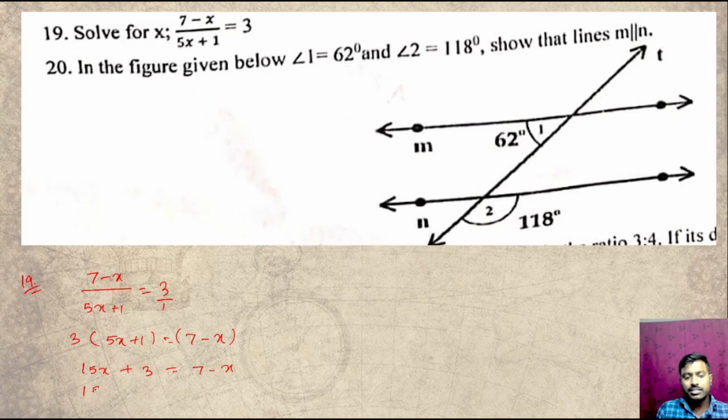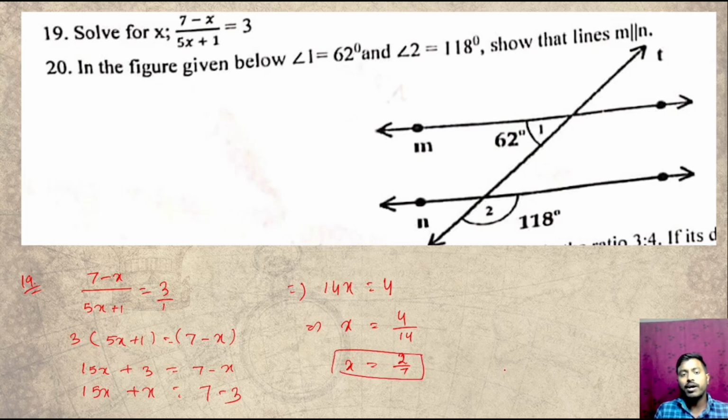Then arrange: 15x plus x equal to 7 minus 3. So 14x is equal to 4. That implies x equals 4 by 14 equals 2 by 7. So x equals 2 by 7. Then question 20.